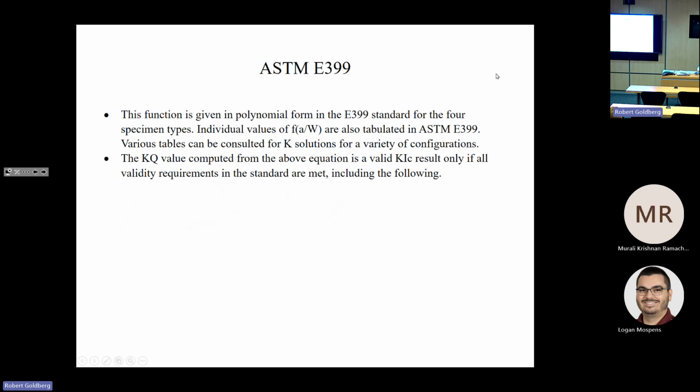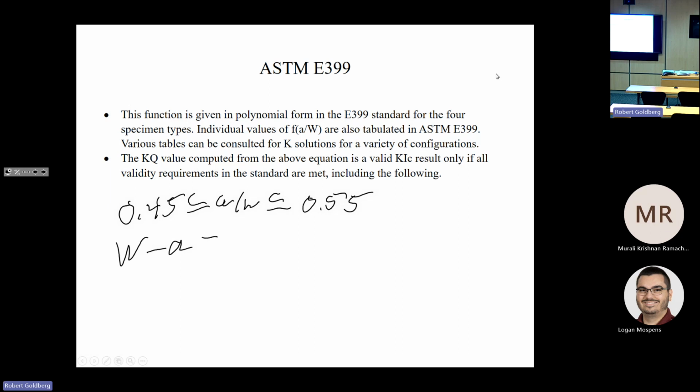Now, we talked about all the things that have to happen for a K1C test to be valid. So for a valid K1C test, all of these things have to be met. First, your A over W ratio has to be between 0.45 and 0.55. And we also introduced this before.